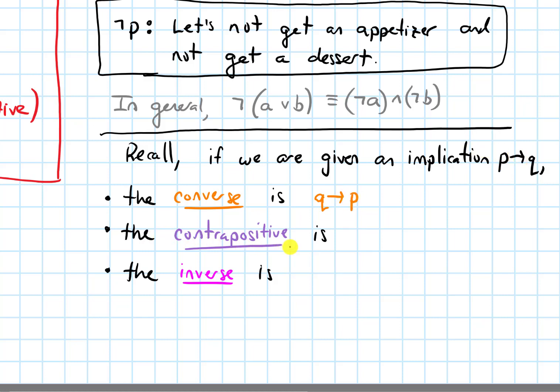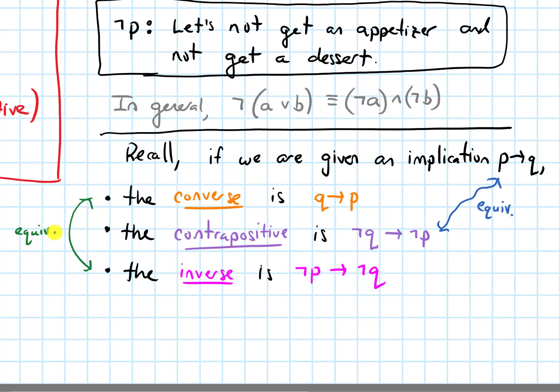The contrapositive is if not Q, then not P. And finally the inverse is if not P, then not Q. As we've seen before, the original statement is equivalent to the contrapositive. And the converse and the inverse are contrapositives of each other, so they are equivalent.